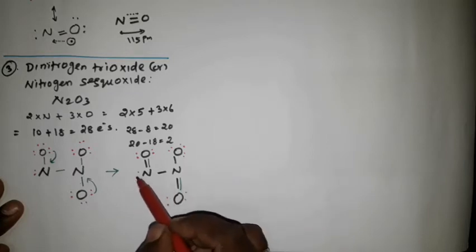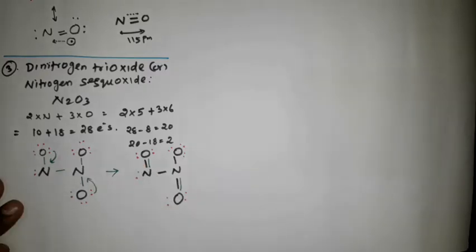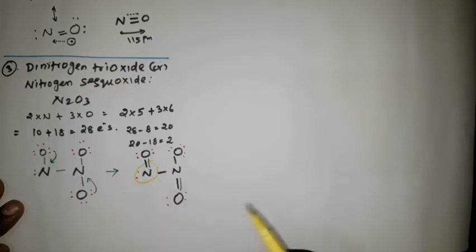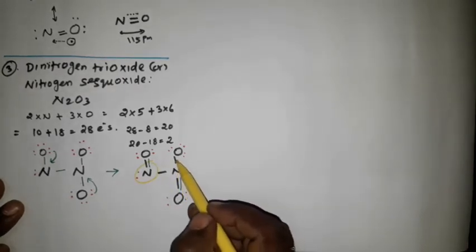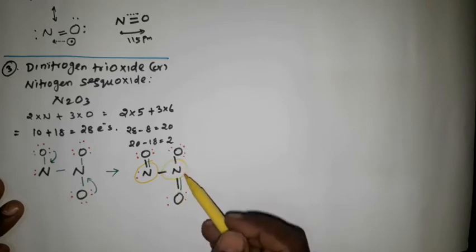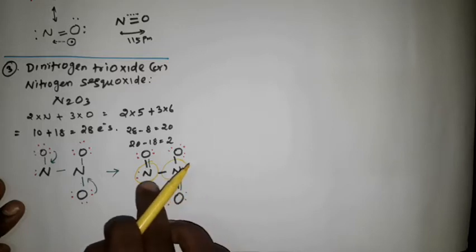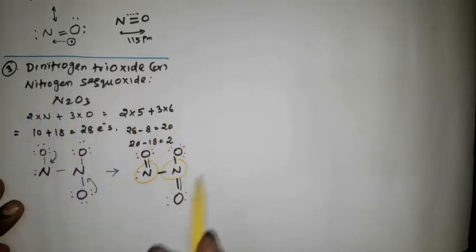For nitrogen 2, 4, 6, 8. So this nitrogen octet is completed. For this nitrogen octet is completed. This also you see 2, 4, 6, 8. Octet is completed for this nitrogen also. Okay. So this is the correct structure for this dinitrogen trioxide.